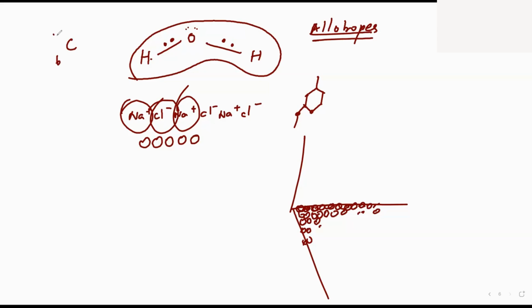Carbon 6, 12, carbon 6, 13, carbon 6, 14, all these are isotopes, having the same number of protons but different numbers of neutrons. Allotropism is when the same element is present in different physical forms in nature.